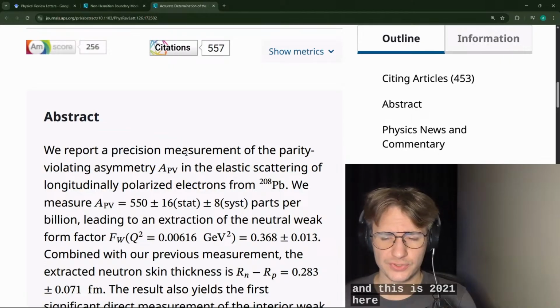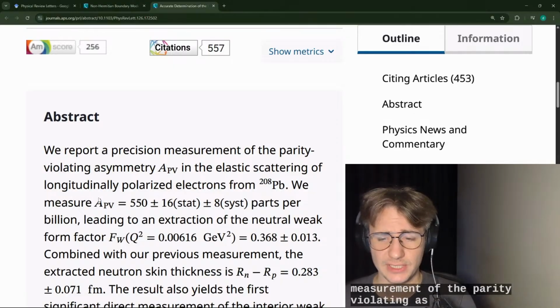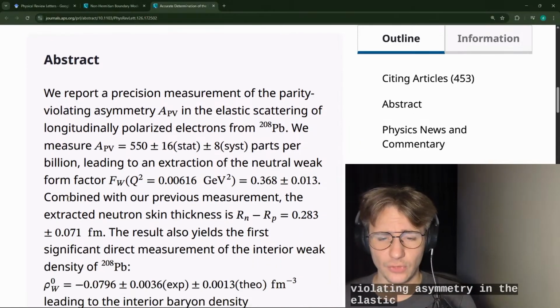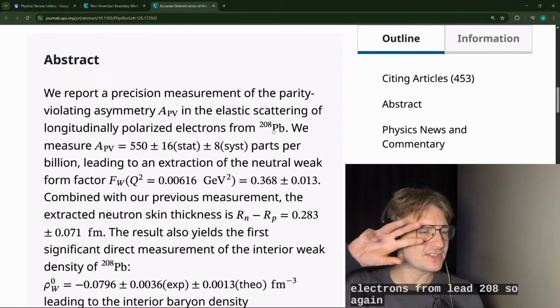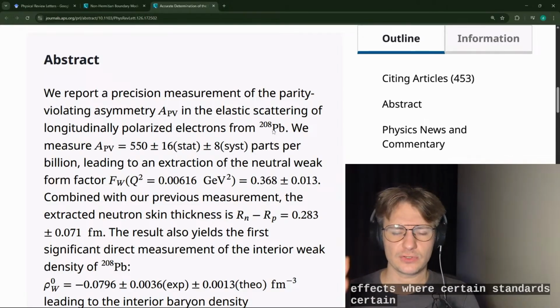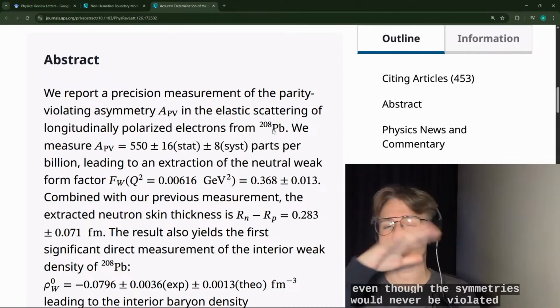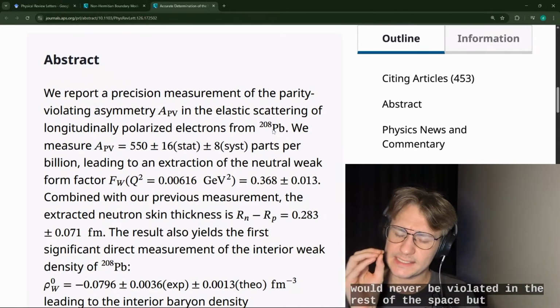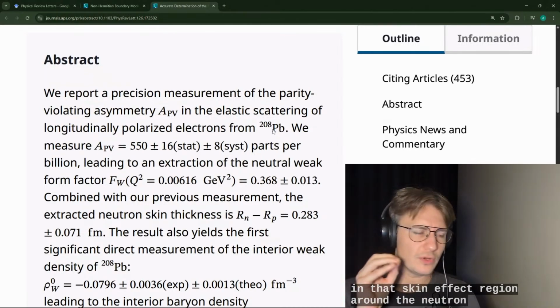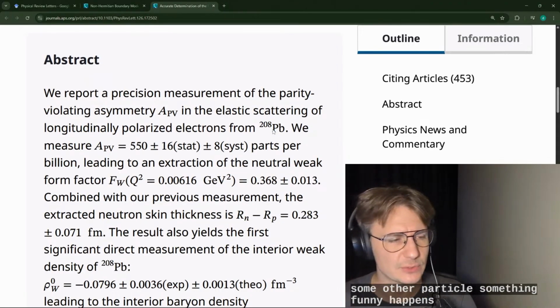Here, the reporting precision measurement of the parity-violating asymmetry in the elastic scattering of longitudinally polarized electrons from lead-208. So again, you've got these skin effects where certain symmetries are totally getting violated, even though those symmetries would never be violated in the rest of the space. But there in that skin effect region around the neutron or around some other particle, something funny happens to the symmetries. They break down.